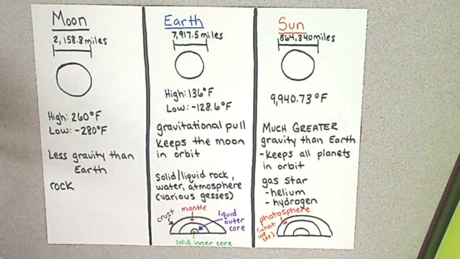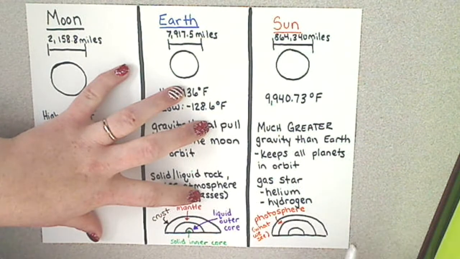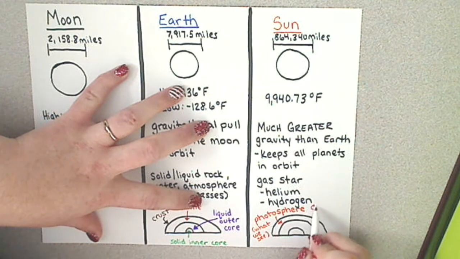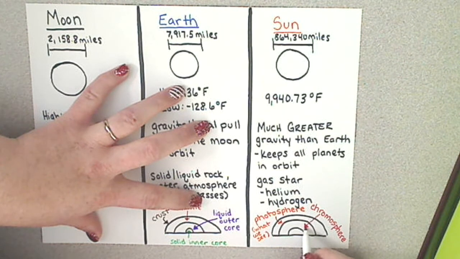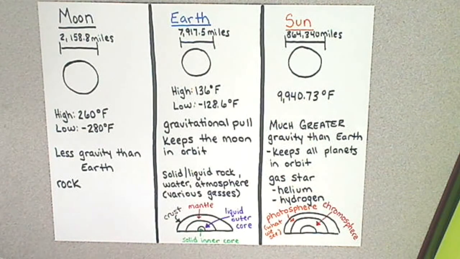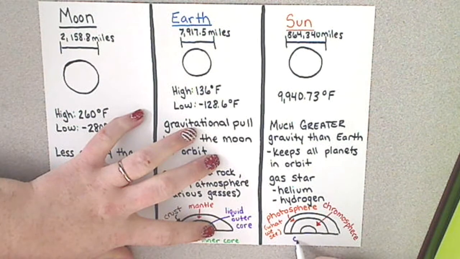And then underneath the photosphere is the chromosphere, which is this layer right here. And then in the very, very center, you have the corona. Okay.